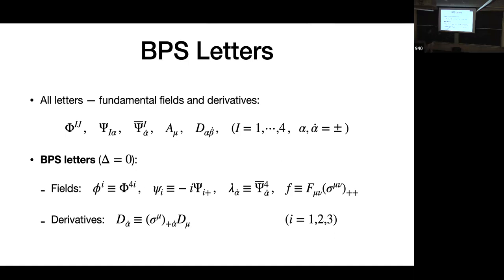Also 3 fermions psi I, and 2 gauginos lambda alpha dot, and also a particular component of the self-dual field strength F. These are the fields that have delta equals 0. There are also some particular components of a covariant derivative that have delta equals 0, and that is D alpha.